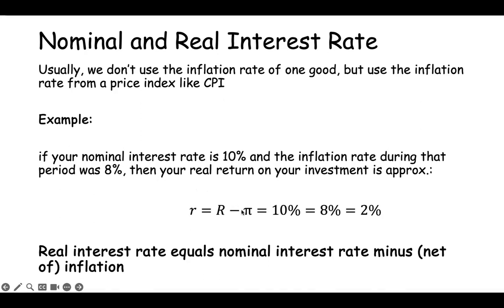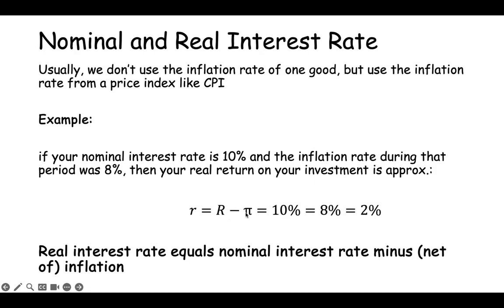So for example, if we have a nominal interest rate of 10%, and during the same period the inflation rate was 8%, then that means in coconuts, what you invest in the bank will grow by 2%. So the real interest rate is approximately equal to the nominal interest rate net of inflation.